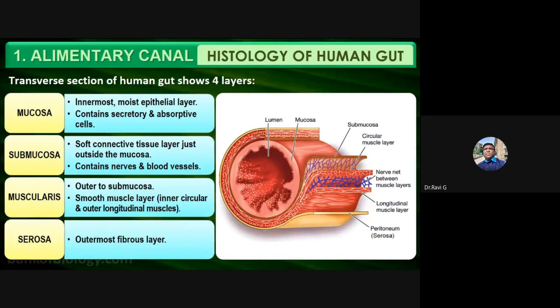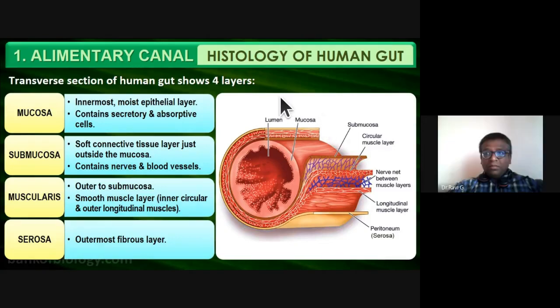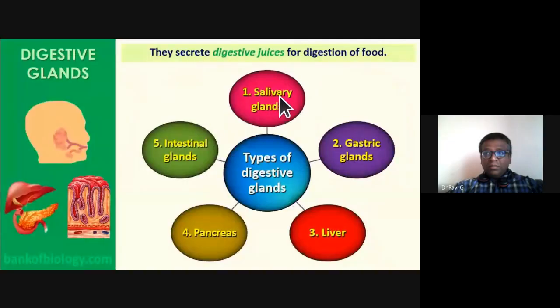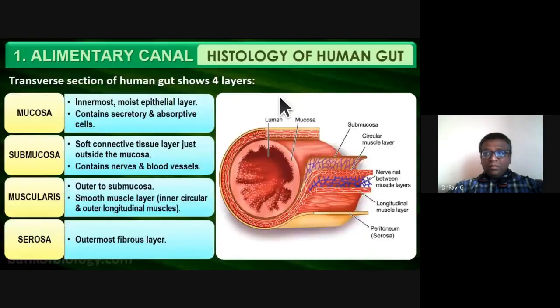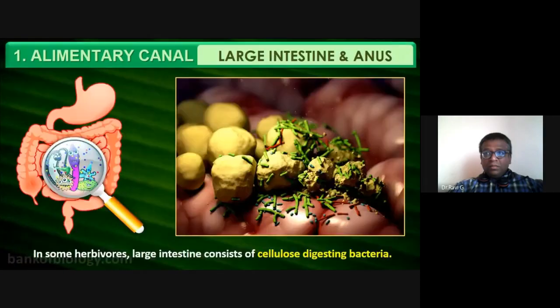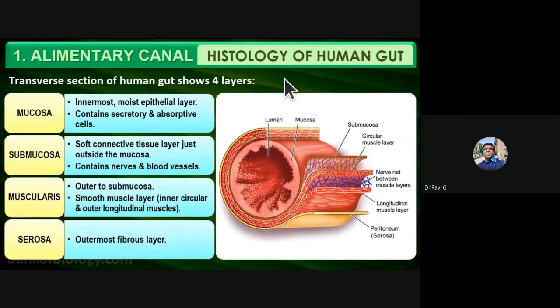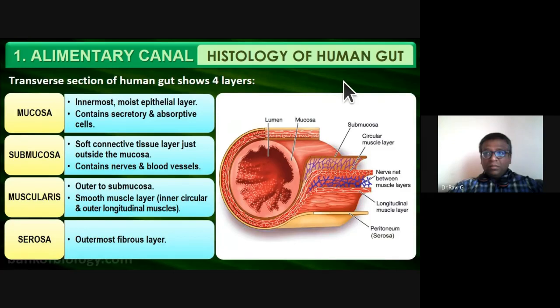Now we'll proceed to the next part, the histology of the human gut. Histology, you know, is the study of tissues and their arrangement. A transverse section of the human gut shows four layers.